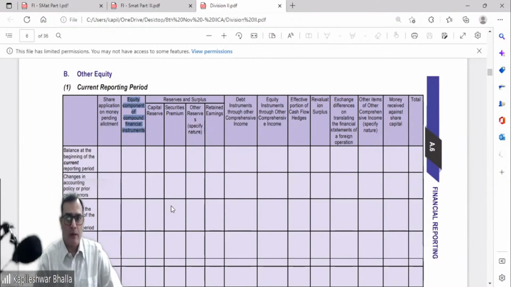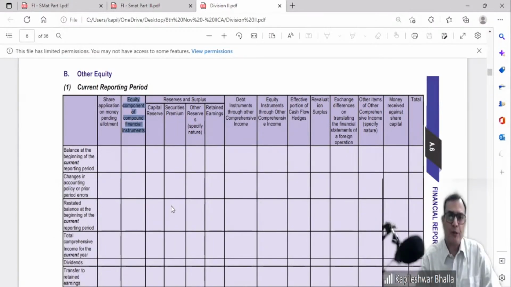I always call this tab 1 of SOCIE. My SOCIE is actually divided into a total of 3 tabs. We'll be coming to the discussion on the 3 tabs very soon. When we come to the financial instrument standard Ind AS 109, I'm going to give you clarity on how, in practical life, we segregate this SOCIE in terms of a 3-tab situation.